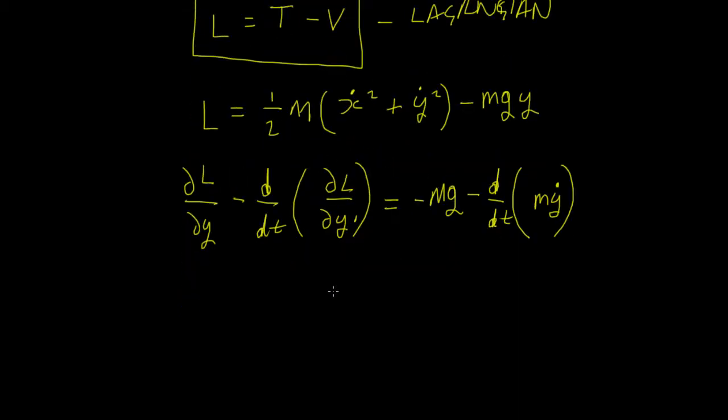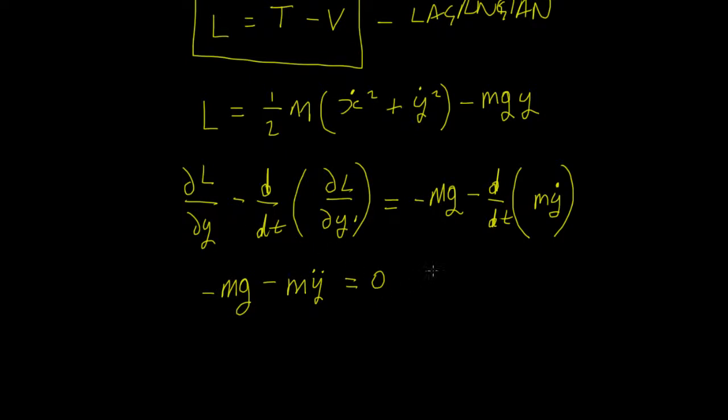Okay, so this line here is going to end up as minus mg, and we just differentiate that again with respect to time, so you're going to end up with m y double dot. That equals 0, because we're setting the Euler-Lagrange equation to 0.